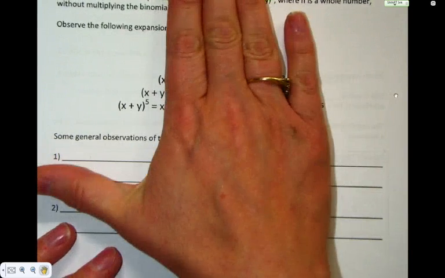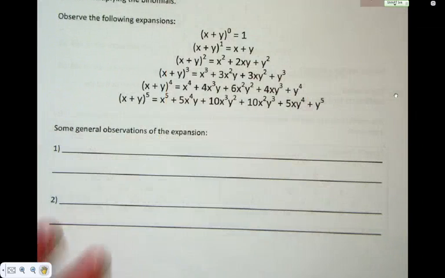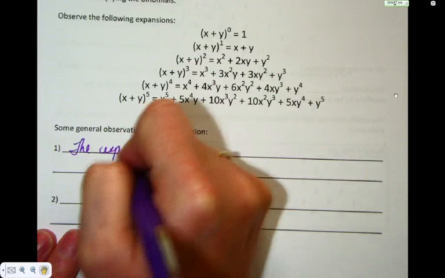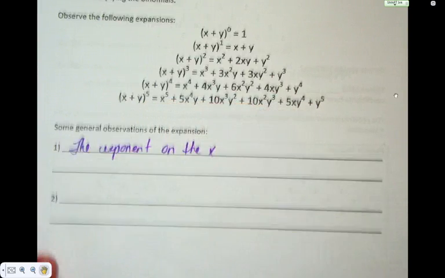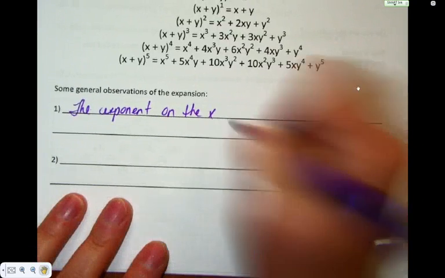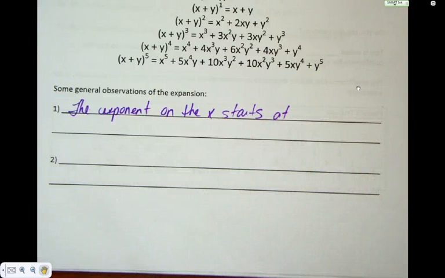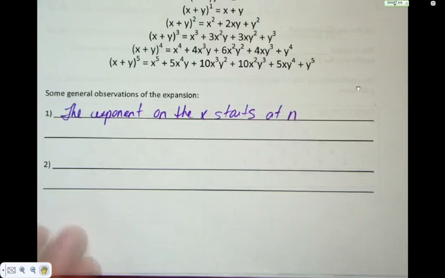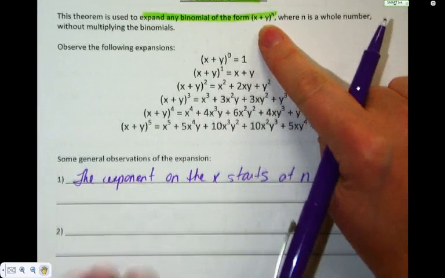What should we have if the exponent is 5? Do you see a pattern there in the exponents on the x? So the exponent on the x starts at, I'm just going to call it n in general, because what we're really trying to do is develop this for (x + y)^n.